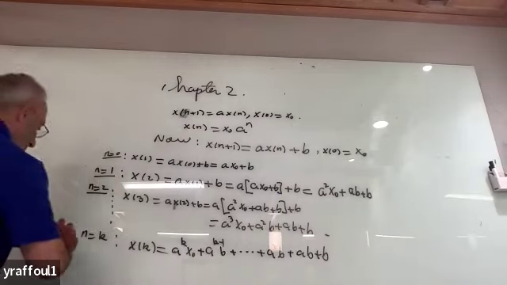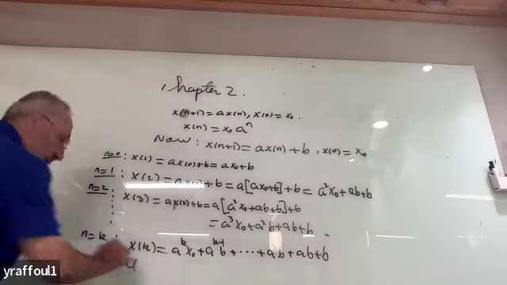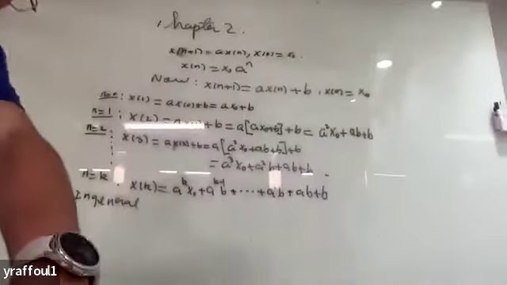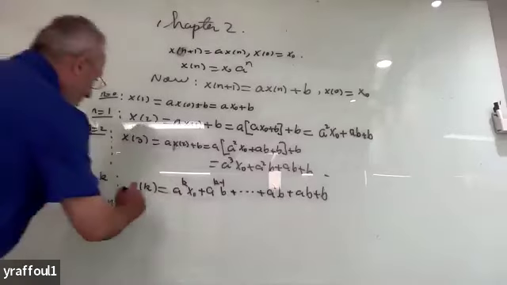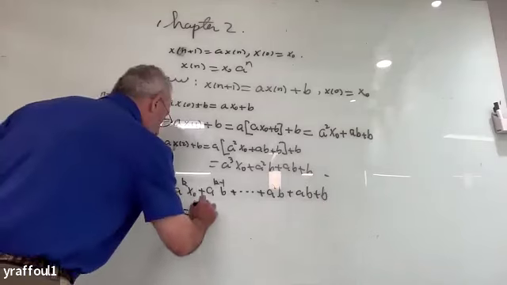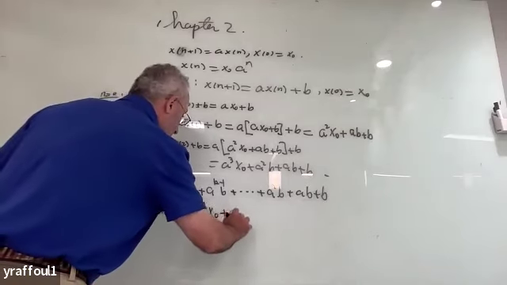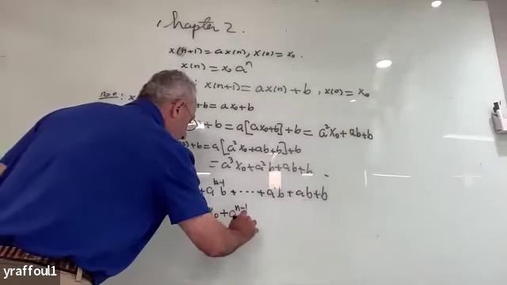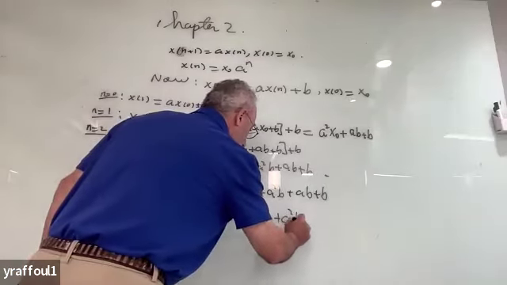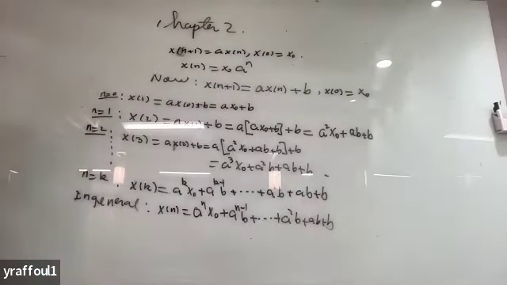So in general, we have xn equal to a to the n x naught plus a to the n minus 1 b plus a squared b plus ab plus b.